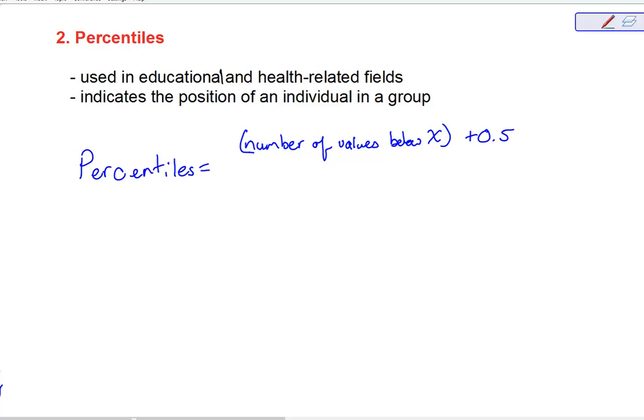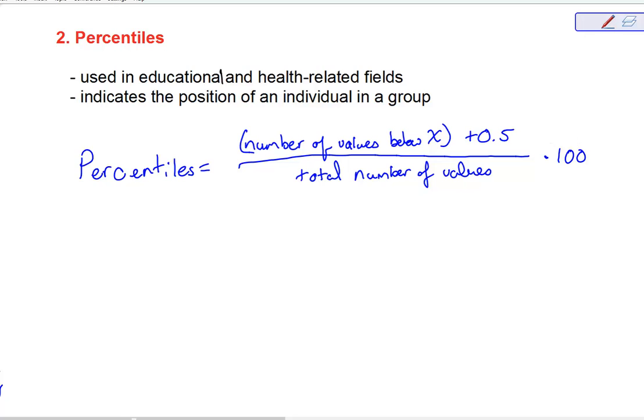We always tack on a half. Then we're going to divide that by the total number of values that we have. This is like our n. How many do we have in all? And then multiply that by 100. So it's like a percent. Okay? So we take out how many things are below us, add on a half, and then divide by the total number that we have and multiply by 100.